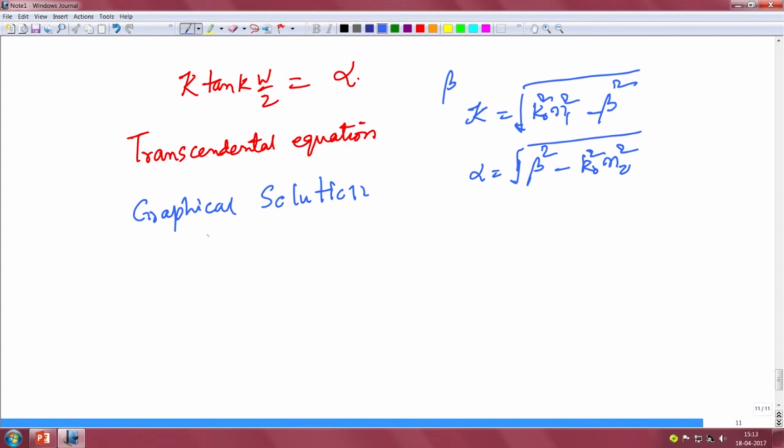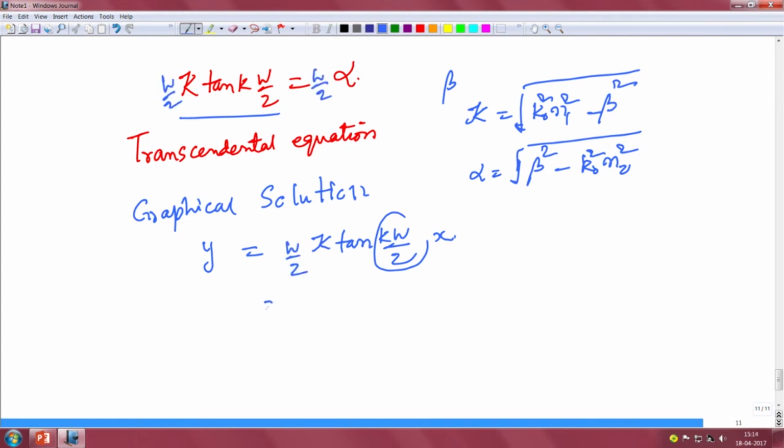So, the expression k tan(k w by 2), let us say, is equal to y, and if we represent the independent variable by x, and I multiply the equation with w by 2 on both sides, we get x tan x.